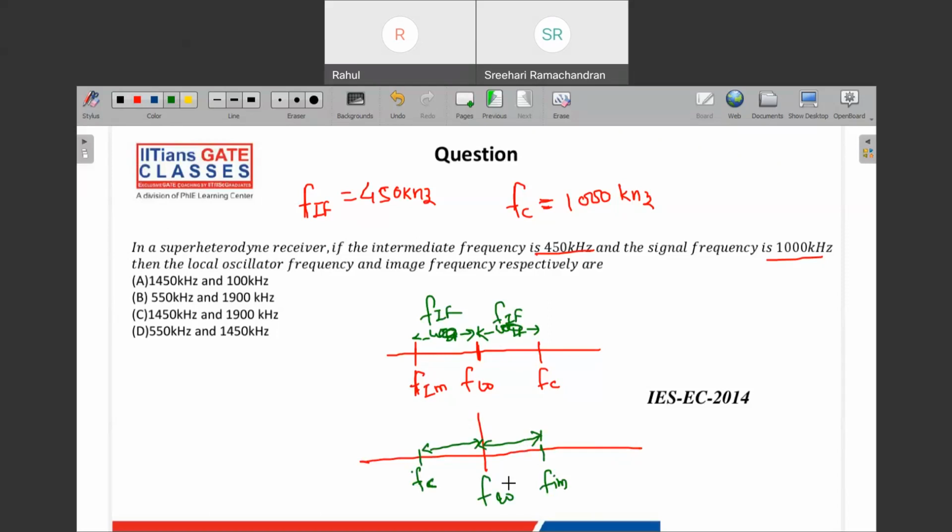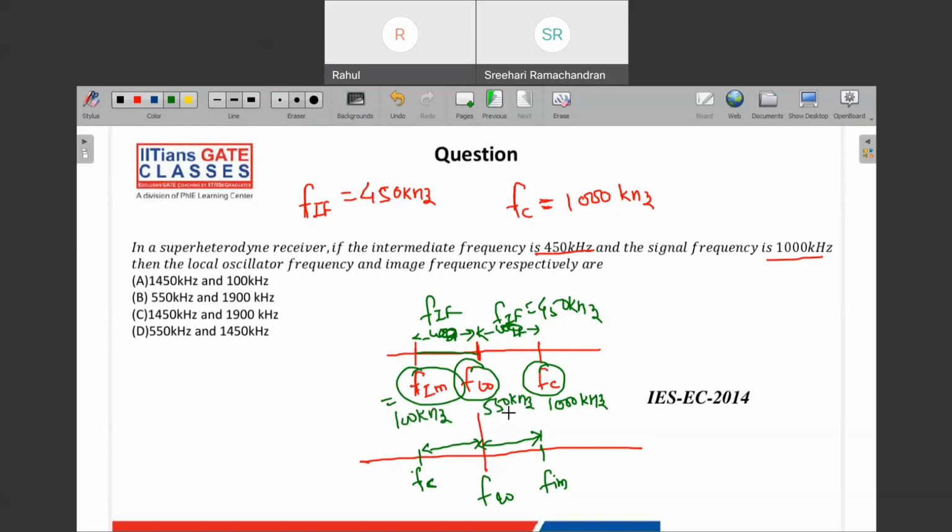Now, let's take the case when the signal frequency is 1000 kilohertz and it is here. This is 1000 kilohertz. This is 450 kilohertz, which is the intermediate frequency. Since this distance is 450 kilohertz and this value is 1000 kilohertz, the value of FLO will be 550 kilohertz, and the value of the image will be 550 minus 450, because again you have to go back by 450, and that will be 100 kilohertz.